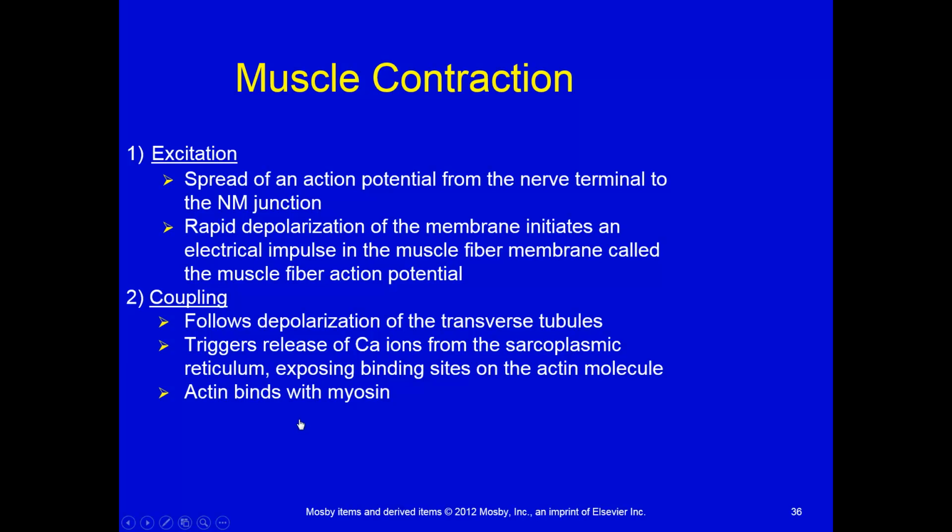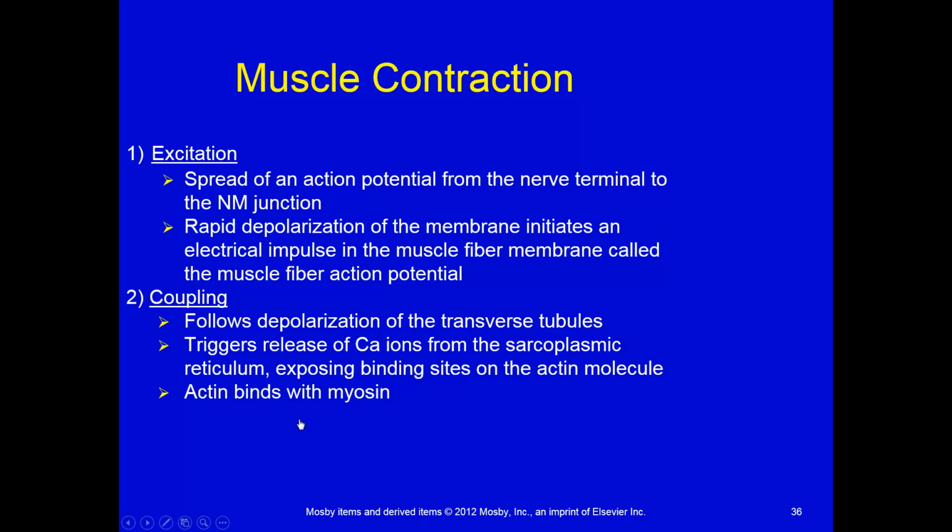Well, okay, so before that, you need rapid depolarization of that membrane to initiate the electrical impulse in the muscle fiber to create that action potential. So that's number one, the excitation. Now, number two, the next step in muscle contraction is the coupling.